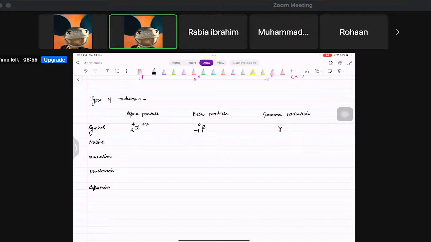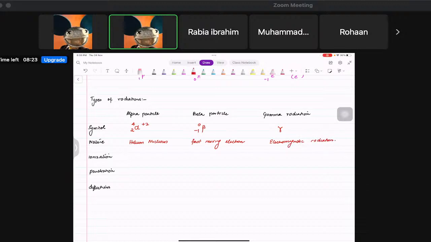The nature is that alpha is a helium nucleus. Beta is a fast moving electron. Gamma is basically electromagnetic radiation.